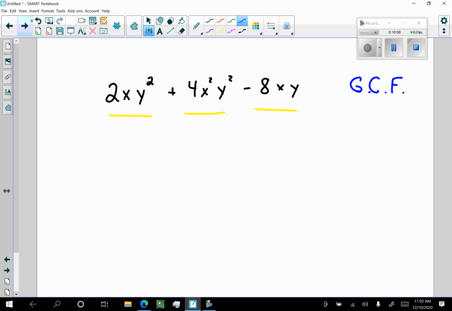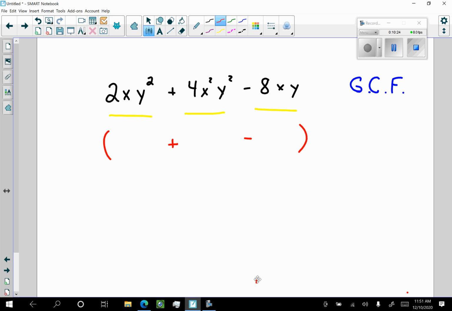Okie dokie. So what do I got? Well, I have 3 terms, so I'm immediately going to write my parentheses because I'm going to do the reverse distributive. I'm going to put the plus here because there's a plus here, and a minus here. The first thing I'm going to see is the greatest common numerical factor, the greatest common real number factor.